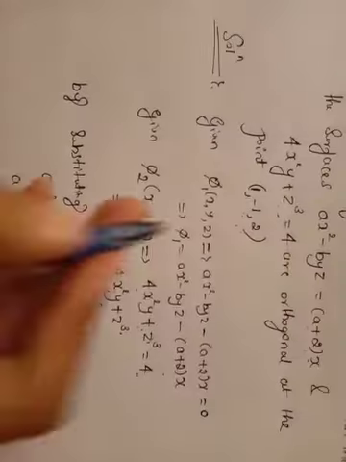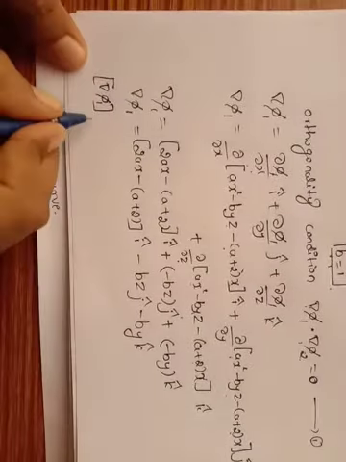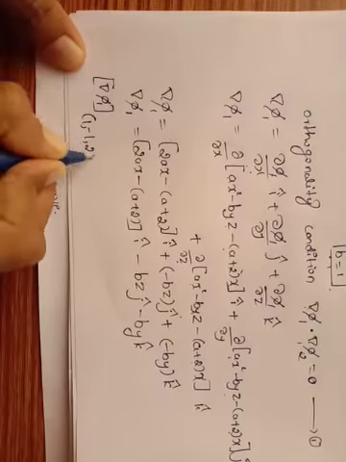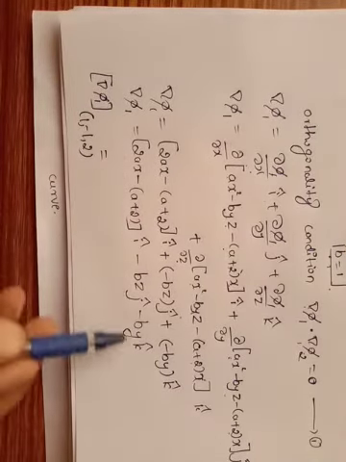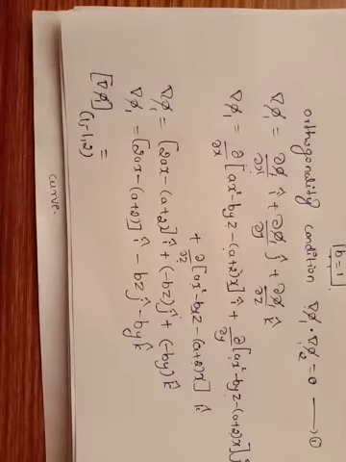Now find del phi 1 at the given point (1, minus 1, 2). Wherever there is x, y, z in this equation, substitute 1, minus 1, 2 respectively.